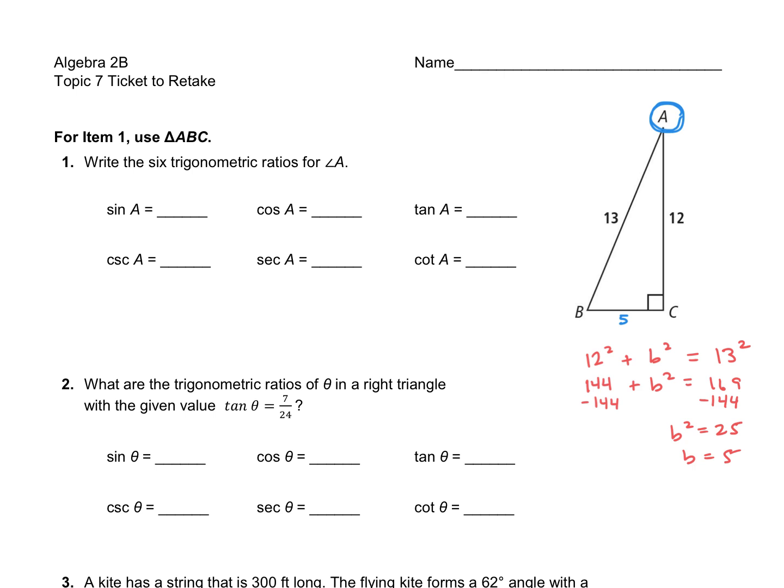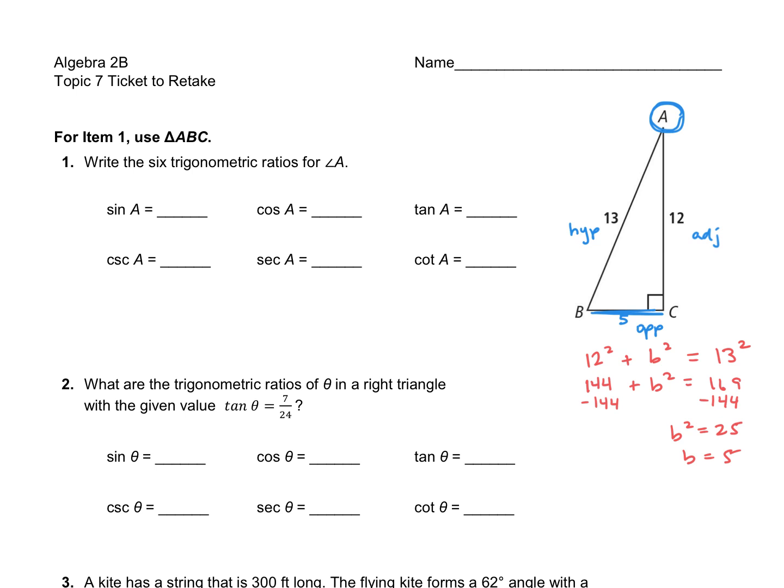So the opposite side is the side that's across the triangle from angle A. That's going to be this side BC right here. That's the opposite side. The hypotenuse is going to be across from the 90-degree angle. That's the 13. And 12 will be the adjacent side. Adjacent means next to, so it's the side that's next to angle A, but it's not the hypotenuse.